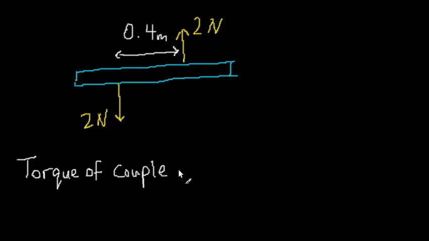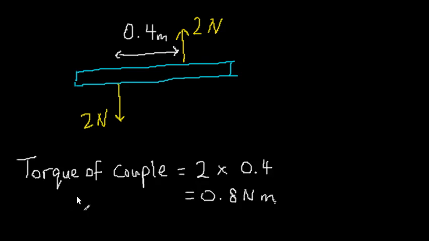The torque of this couple is the magnitude of each force, which is the 2 newtons, times the perpendicular distance between the two lines of the force, 0.4. So the answer is, in this case, 0.8 Newton meter. That's the torque of the couple.